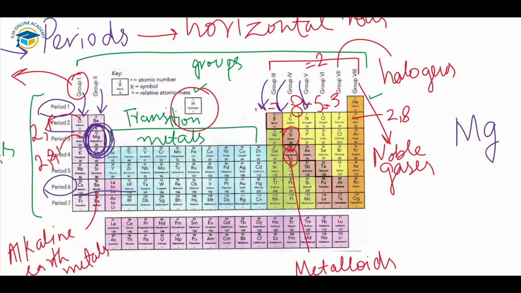That means magnesium has 2 electrons in the third shell of its structure. We can tell it is 2 electrons from the group number. It is in group 2, so it has 2 electrons in the third shell, which is the last shell. Magnesium has a total of 3 shells, first, second and third, so 2 electrons in the third shell of the magnesium atom, and it is present in group 2 and period 3 of the periodic table.